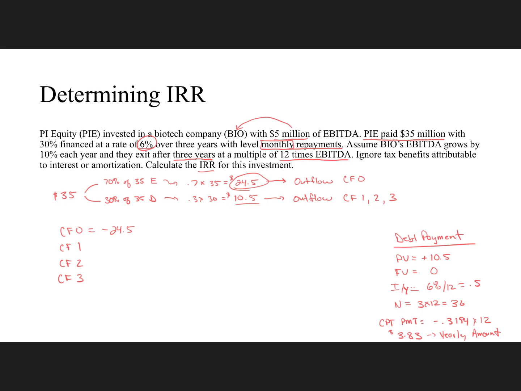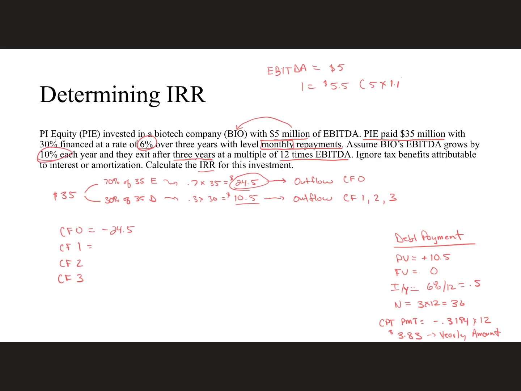In year two, we need to make sure we know our EBITDA growth. In year zero, we started with $5 million. In year one, it's going to be 5.5 million because we went 5 million times 1.1. We're growing at 10% each year.